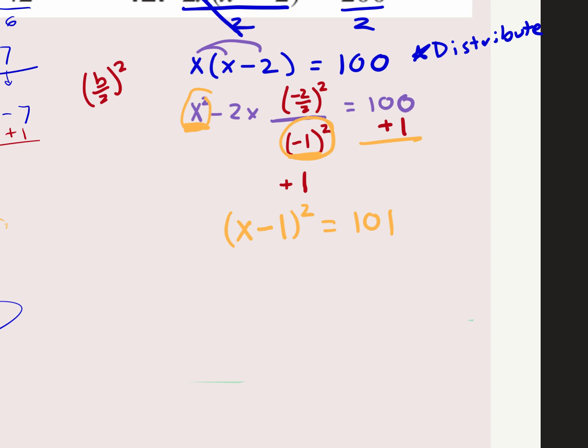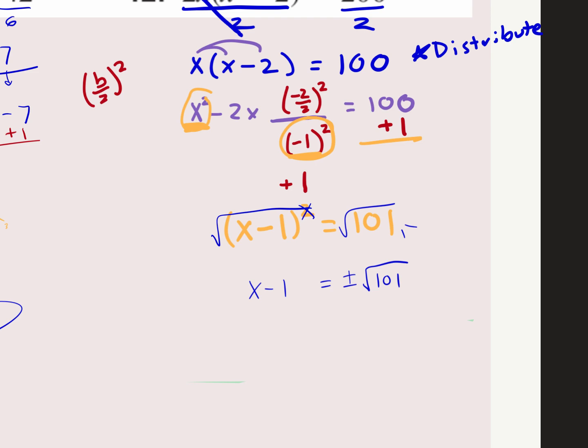And then from here, to get rid of the squared, we square root both sides. Anytime we take the square root of both sides, we need our plus or minus there. So this would be x minus 1 is equal to plus or minus the square root of 101. We can try to find the factors of 101, I think it's prime. So we're just going to leave it as the square root of 101.